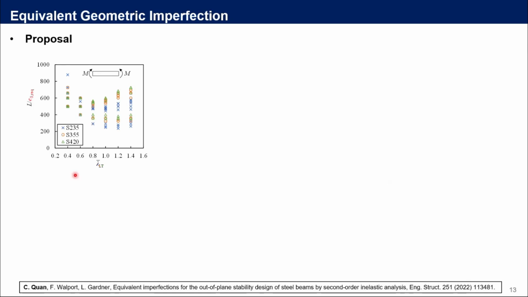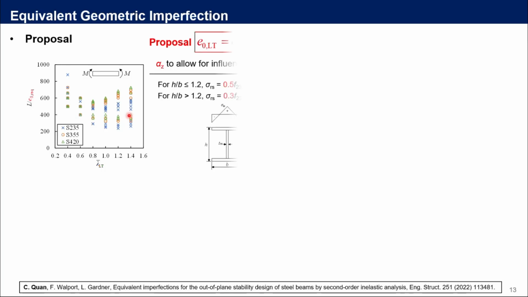In this way, through parametric studies, we obtained the required equivalent geometric imperfections for a series of cases. Here, I just show some examples.